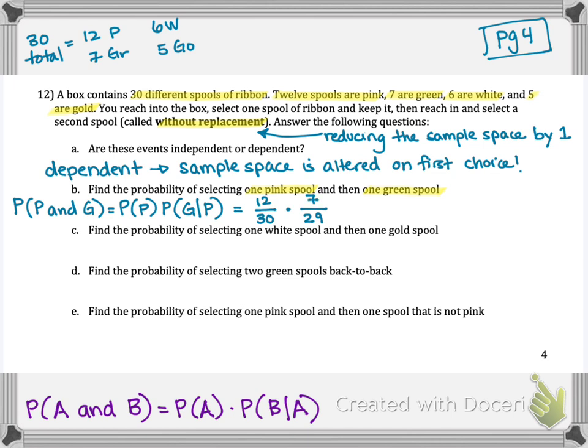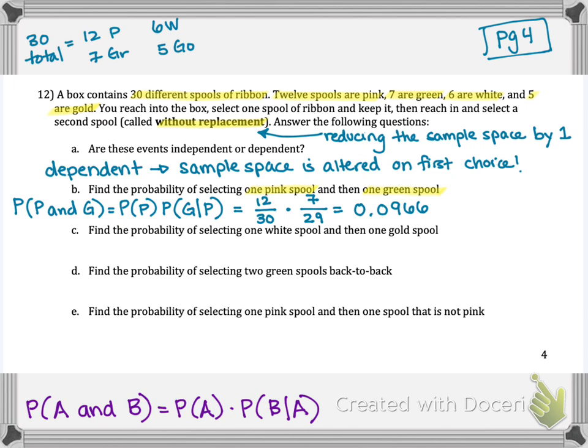So there are still 7 green spools left. And when I do this multiplication, I'm going to go straight to the decimal. I got 0.0966 when I rounded that to 4 decimal places. So please practice multiplying that and see if you get the same answer as me.